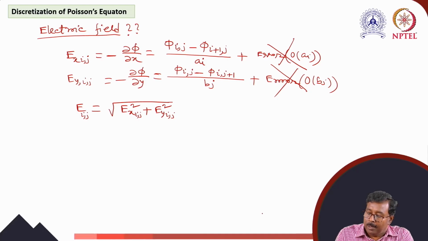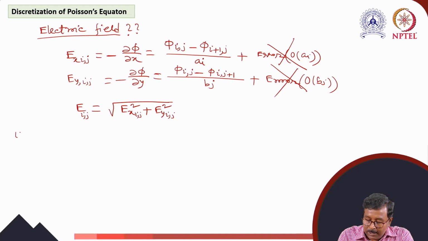And if we use the central difference formula instead of the forward difference formula for electric field, a more accurate result can be obtained. Of course, the central difference technique gives you a better result, that is less error.